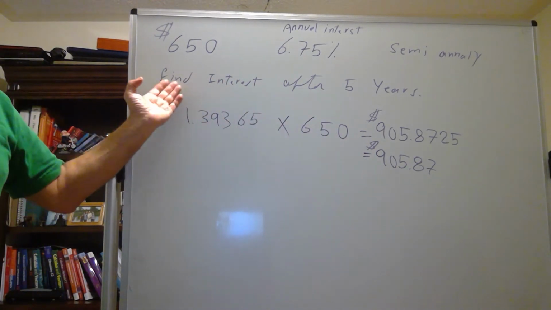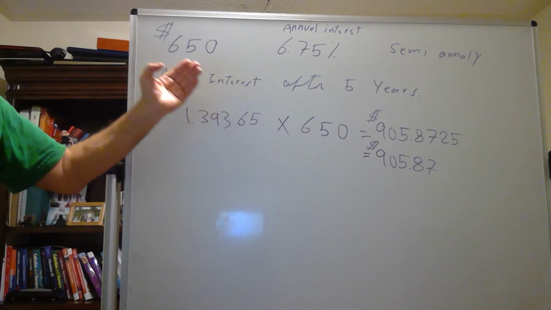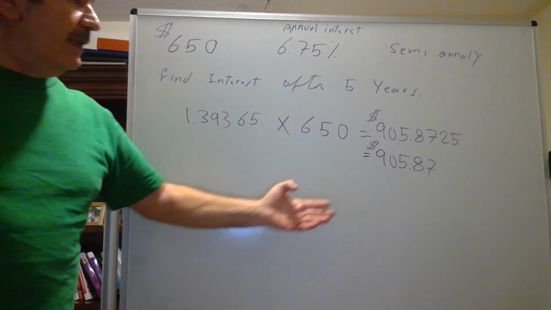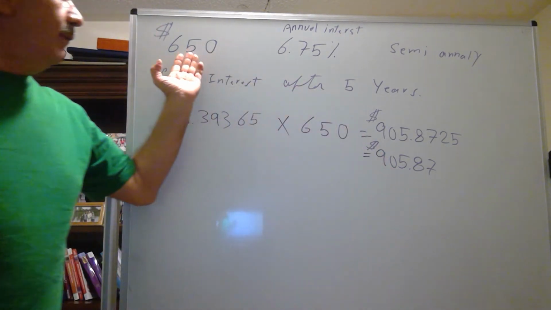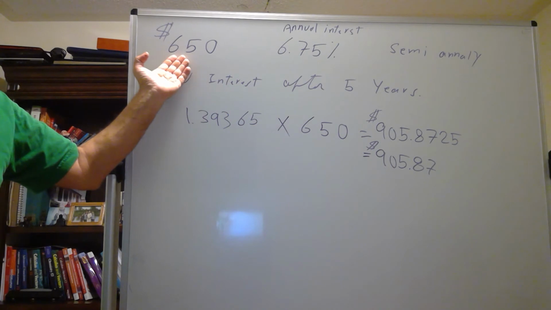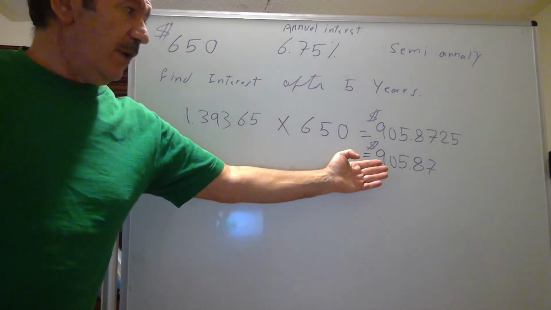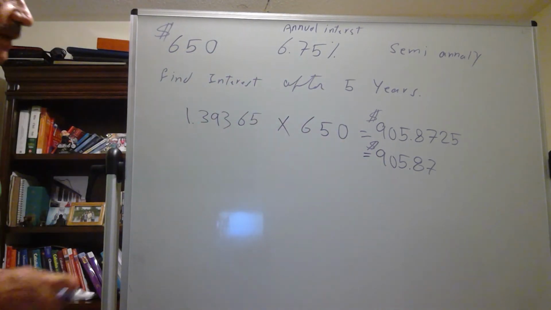But if the question asks to find the interest, then for calculating the interest, my original value is $650, but my final value is $905.87.